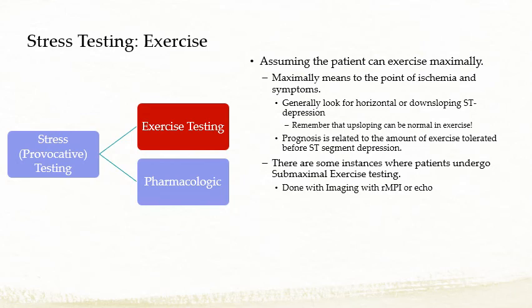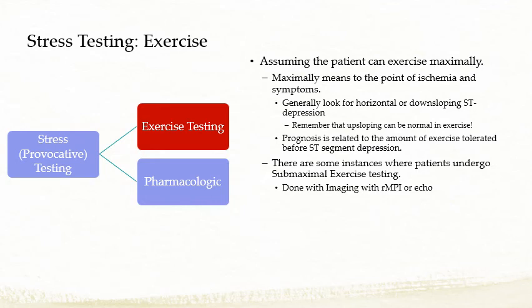The prognosis of the patient is based on how much exercise they could do before the ST segment depressions show up, right? Again, we're not going to go into the specifics of how long that is, but someone who is only on the treadmill for a little bit and can't do much exercise before they have ST segment depressions, that's no good.